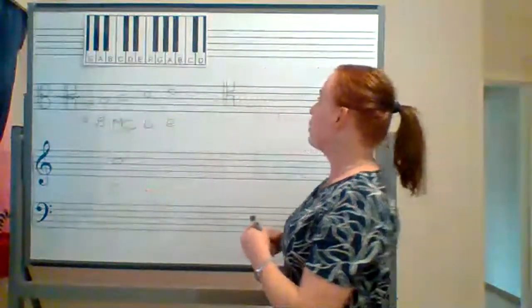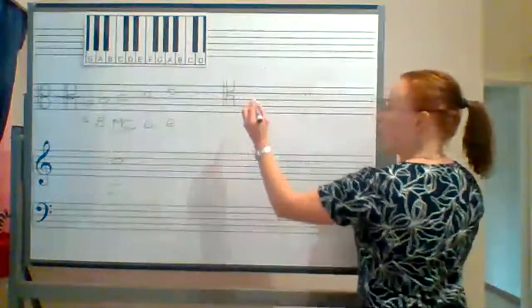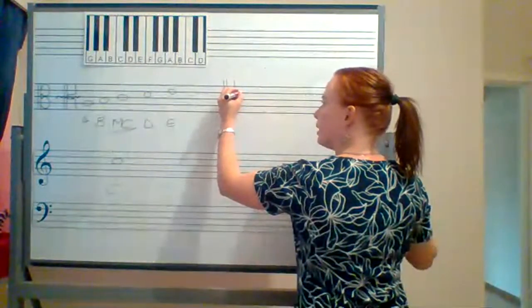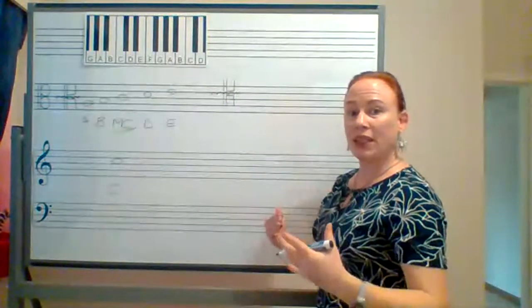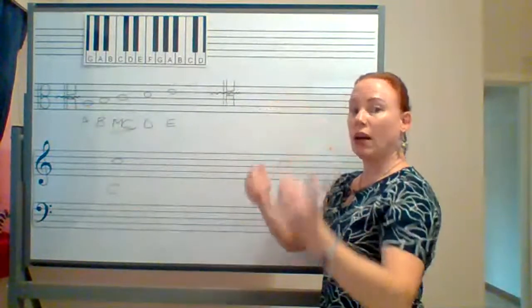And then if we look at the tenor clef, you can see it's again the movable C clef, but this time the middle of the clef, my middle C, is one line higher.